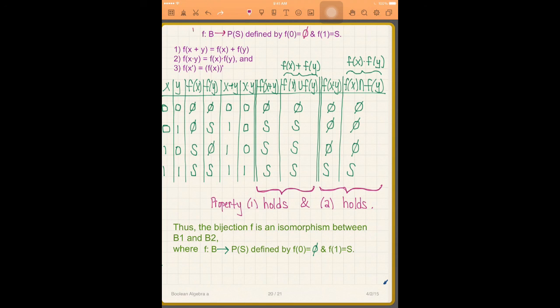I wrote it up here to remind you this is what we're saying is defined as our f, this part right there. And after everything's done, you can see the second to last column is going to hold for property 1, and then the last two columns hold for property 2.